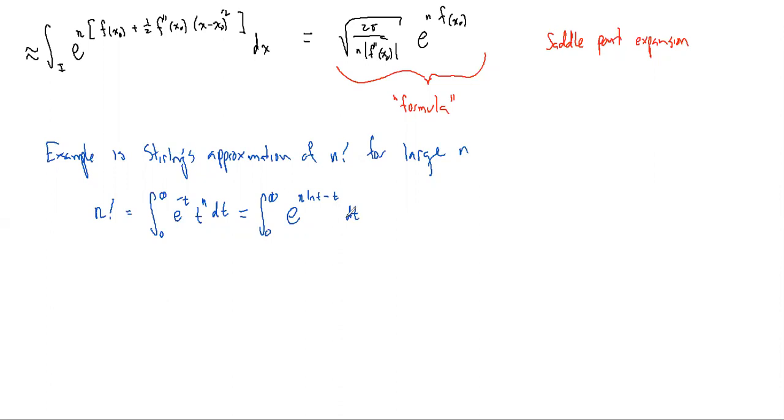So that's just rewriting stuff. Okay, and then lo and behold, we have something that looks like we can saddle point it. So we're not quite there. We need to do one little substitution. So we're going to define n times t.